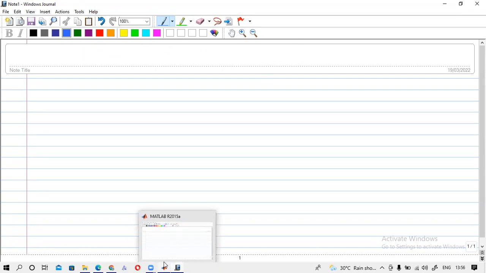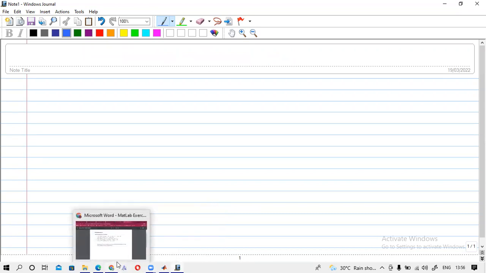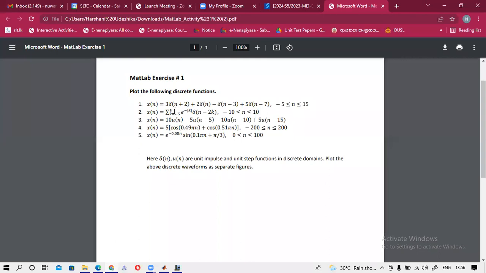The second thing is that these are discrete signals. If we talk about the unit impulse function, we will first take this signal, the unit impulse signal.